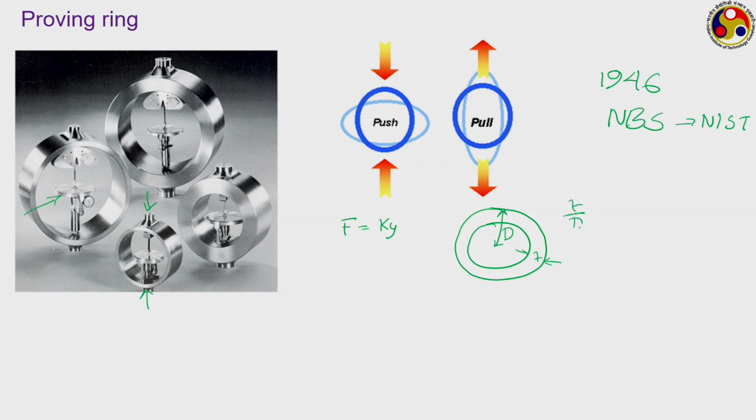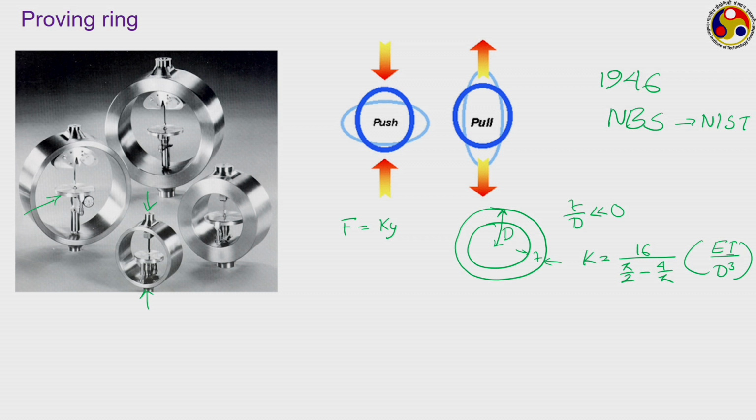If this thickness is extremely small compared to the value of d, then the expression for K is something called the thin ring approximation, is a very standard one, 16 upon (pi by 2 minus 4 upon pi) into EI by d cube, where E is the Young's modulus, I is the moment of inertia for the ring, and d is this outer diameter. Of course, the thickness, I repeat, has to be extremely small.